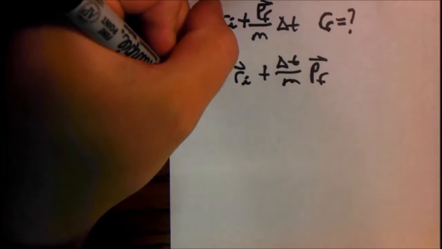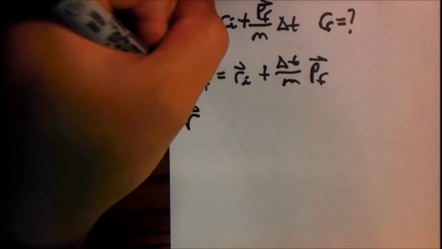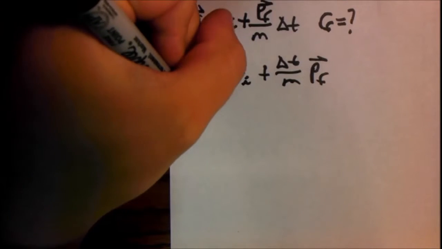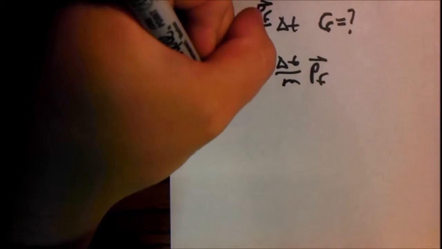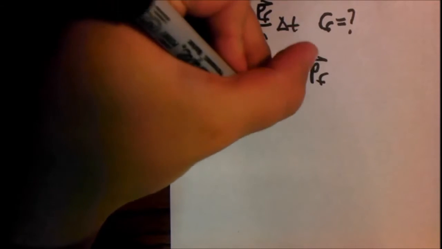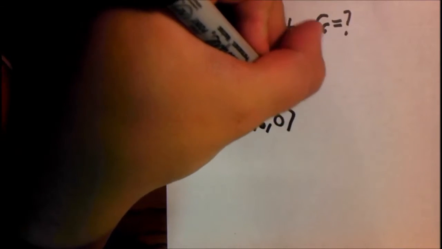So when we finally substitute everything in, it's going to be x naught, comma y naught, comma 0, plus, I'm going to already factor delta t over m into it, so I'll walk through that too.